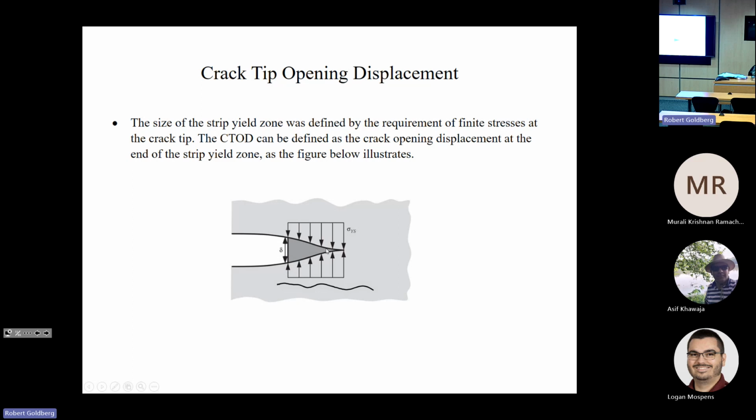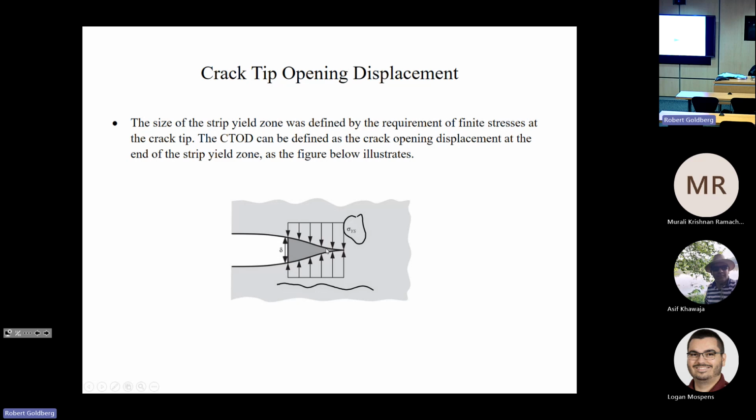So the plastic zone was modeled by these closure stresses applied with the magnitude of the yield stress, which served to artificially close the cracks to account for the effects of plasticity. And the size of the strip yield zone we talked about was defined by the requirement of finite stresses at the crack tip.